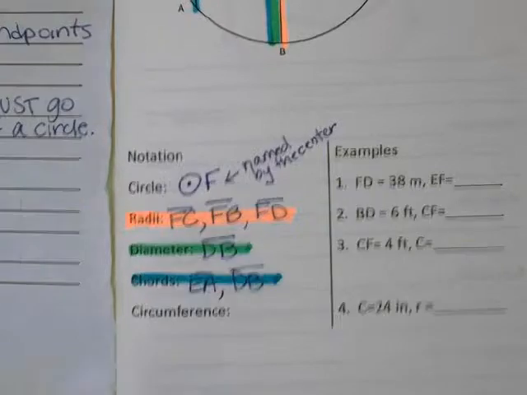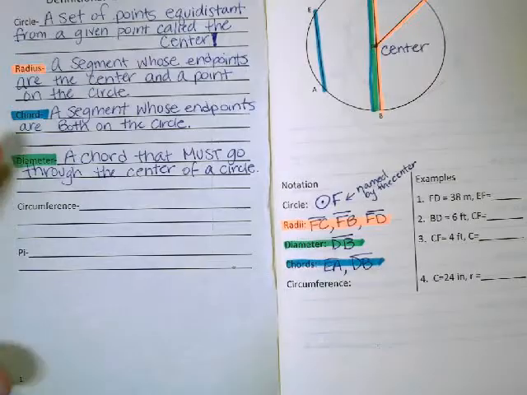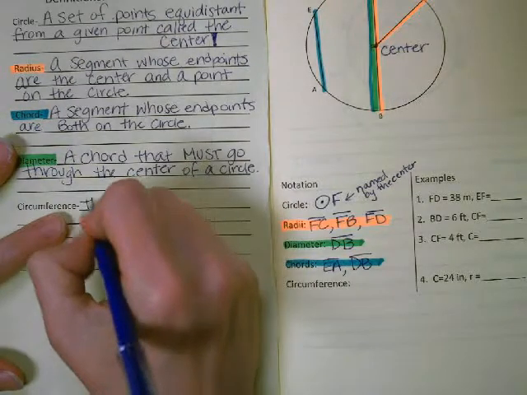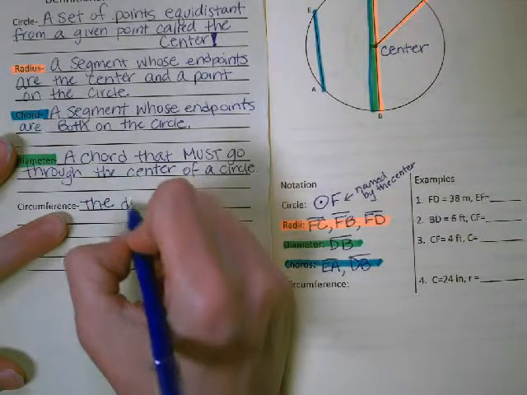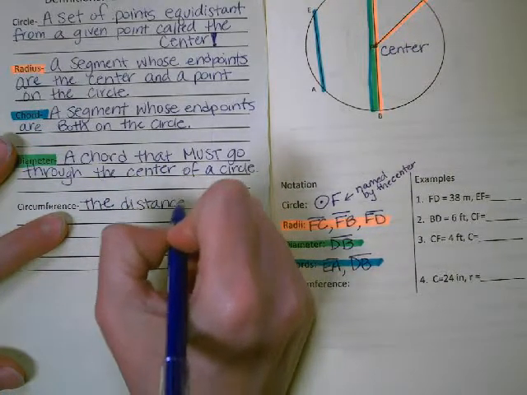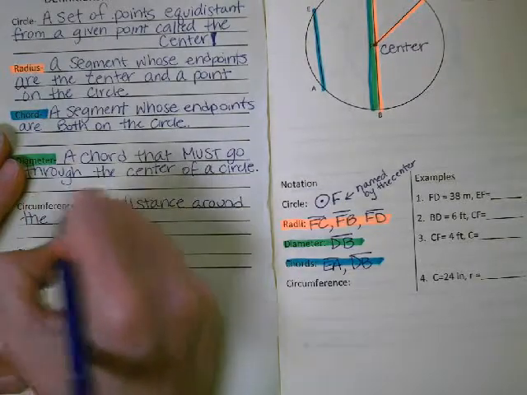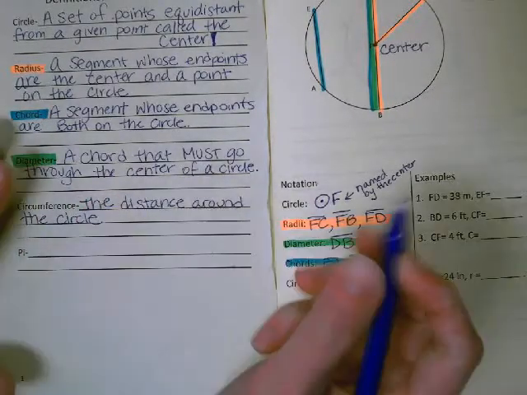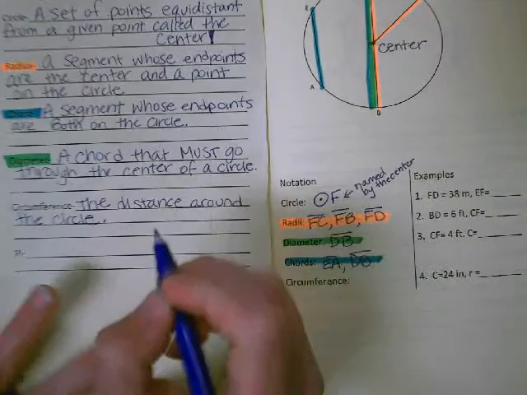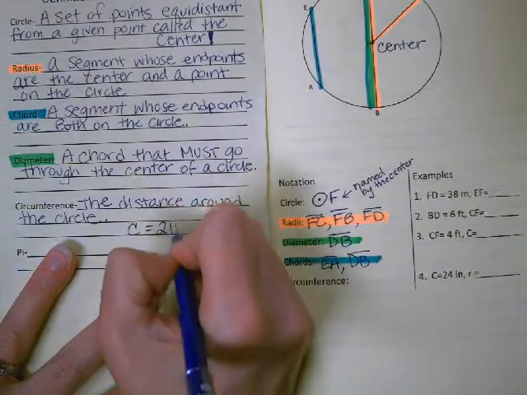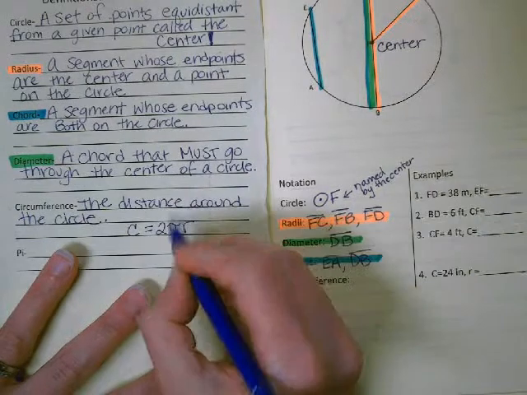And then lastly, circumference. So circumference is that thing we learned in middle school. It's the distance around the circle. The formula, in case you've forgotten, is C equals 2 pi r.